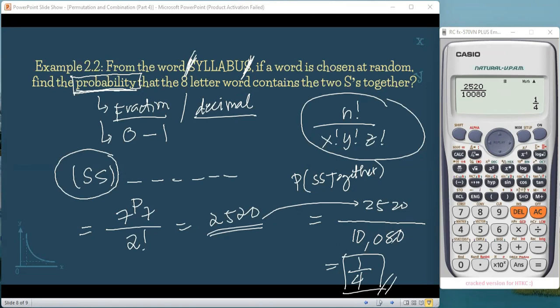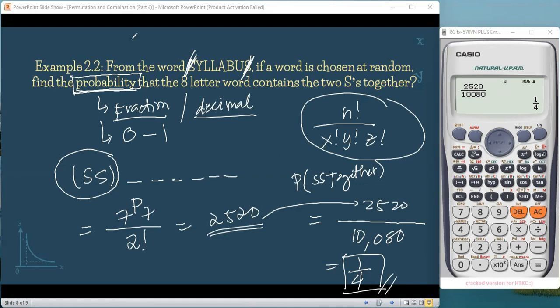Doon sa 10,080, ilan lang po doon yung words kung saan yung S at si S ay magkasama. So that is 2,520. At ang tinatanong po sa atin is probability. So since probability po, fraction po tayo. So kailangan po natin kuhanin yung 2,520 divided by 10,080. So that is 1/4. Okay, so if you still have questions, please don't hesitate to comment down below.